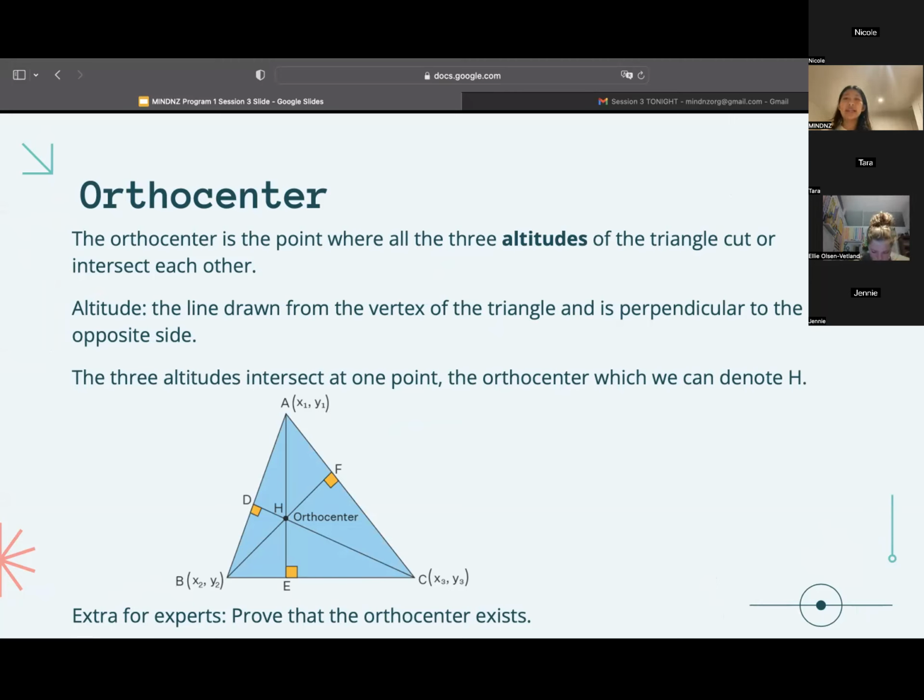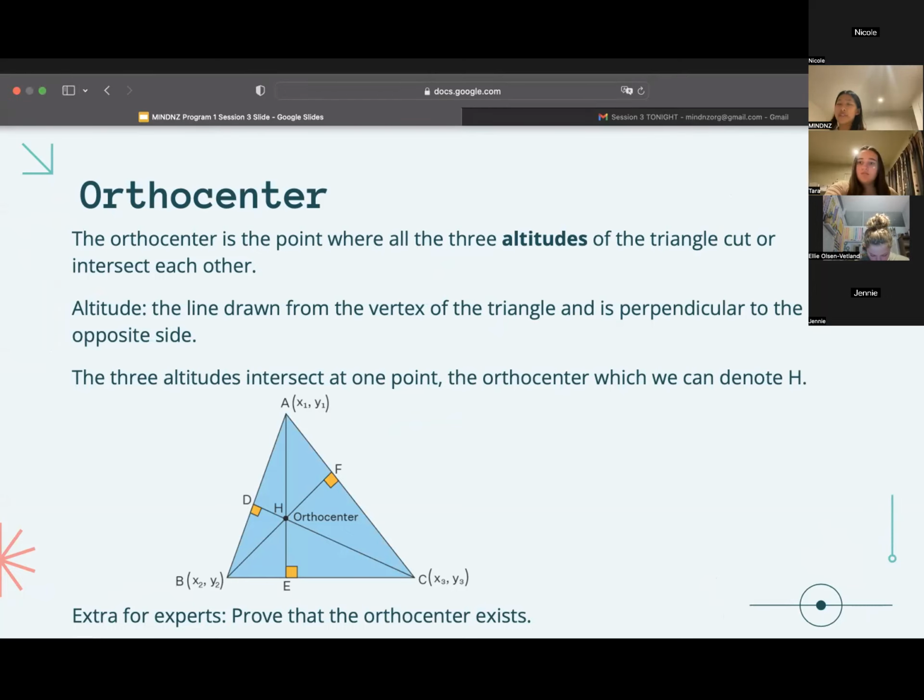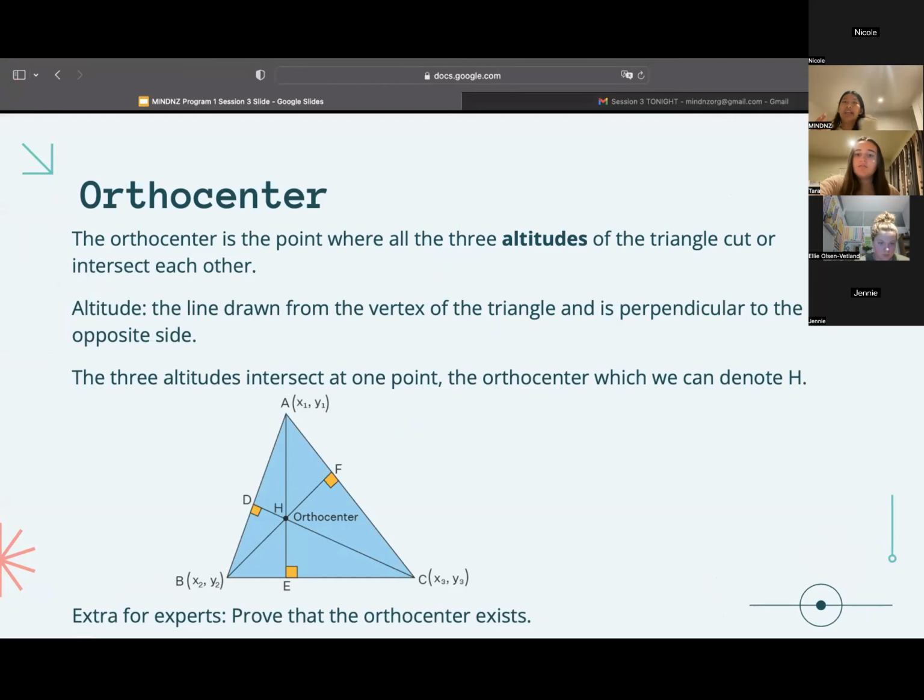The orthocenter is the point where the three altitudes of the triangle cut or intersect each other. So the altitude is a line drawn from the vertex of the triangle and is perpendicular to the opposite side. So we can see the line that connects point A to point E comes from A, which is a vertex of the triangle, and then it is perpendicular to the base BC.